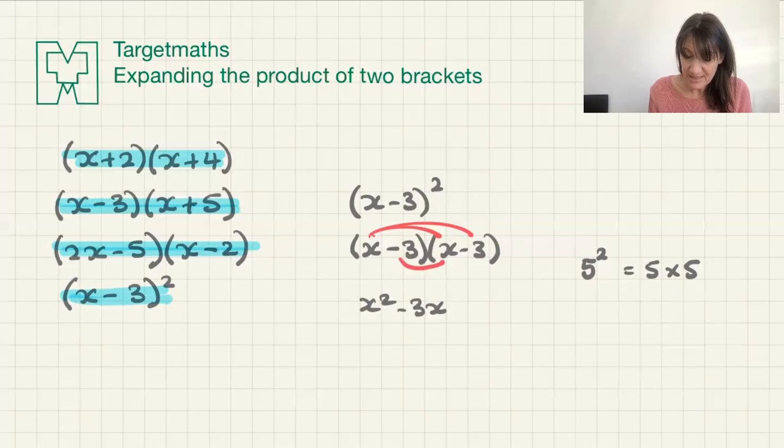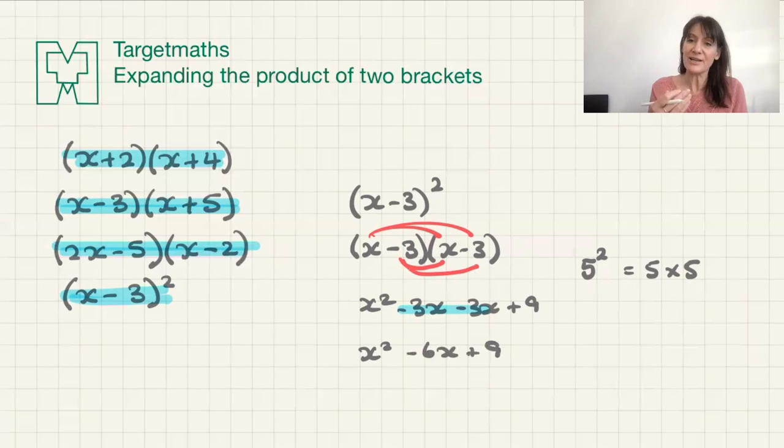Minus 3 times x is minus 3x again. And then that minus 3 times minus 3, which we did earlier, is positive 9. Collect up the middle. And you get x squared minus 6x plus 9. Minus 3 minus another 3 takes me to minus 6.